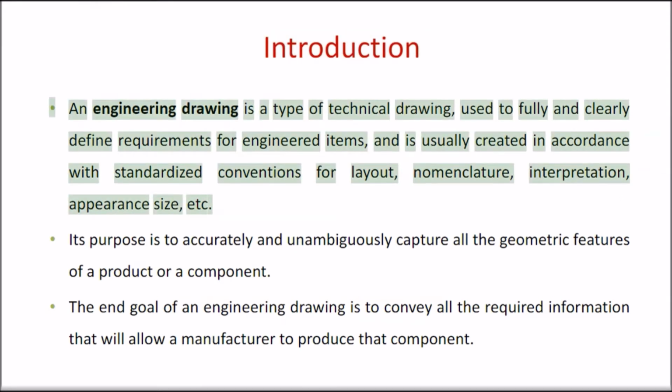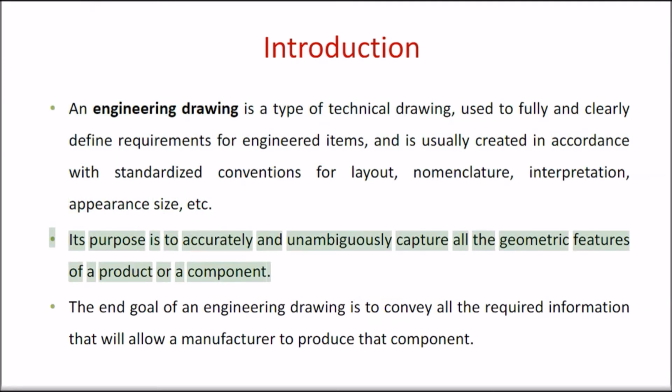An engineering drawing is a type of technical drawing used to fully and clearly define requirements for engineered items, and is usually created in accordance with standardized conventions for layout, nomenclature, interpretation, appearance, size, etc. Its purpose is to accurately and unambiguously capture all the geometric features of a product or a component.